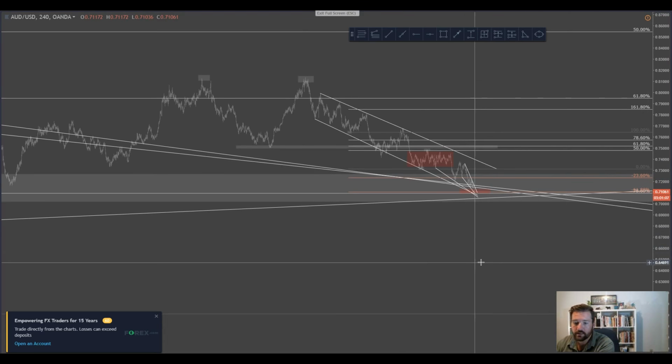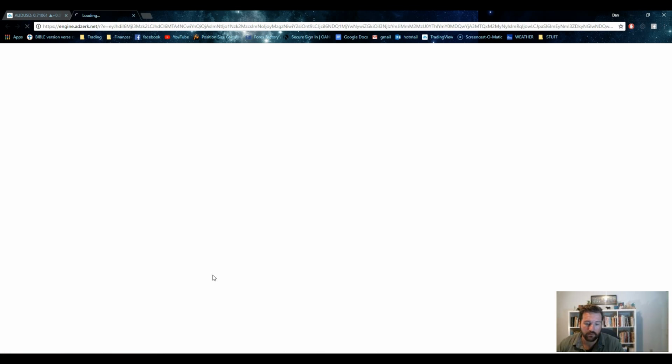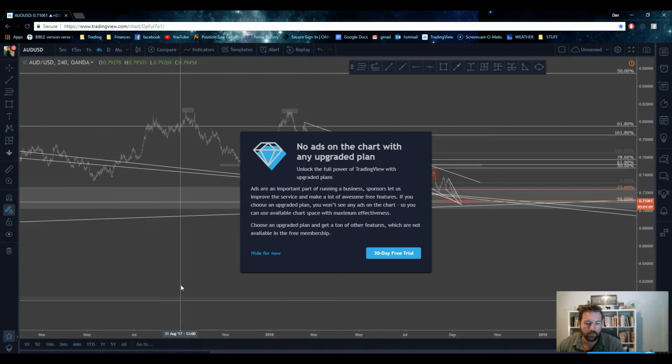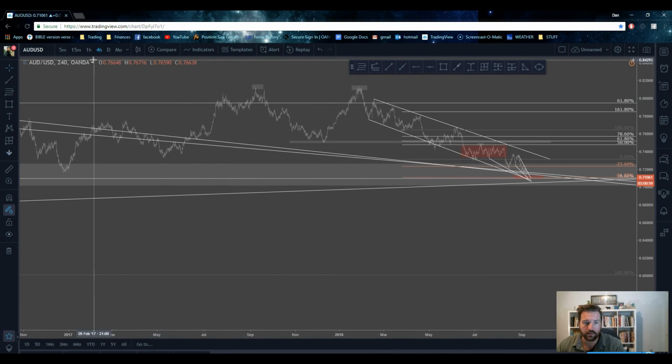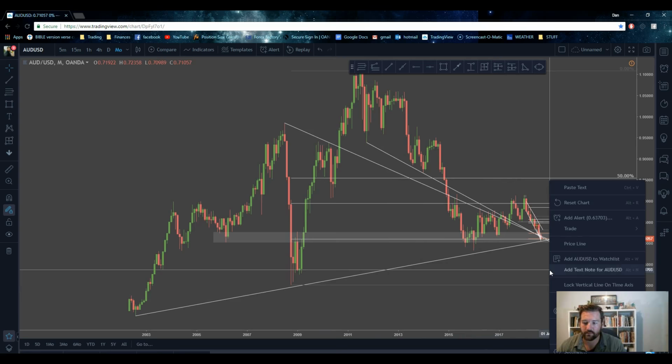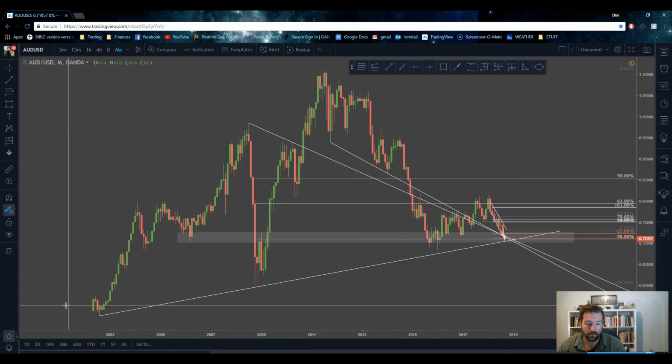And obviously, keeping in mind what the higher time frames are doing. Again, on the monthly chart, this legitimately could be our higher low. Okay, whether it is or it isn't, I have no idea.